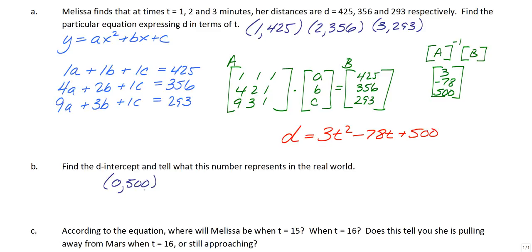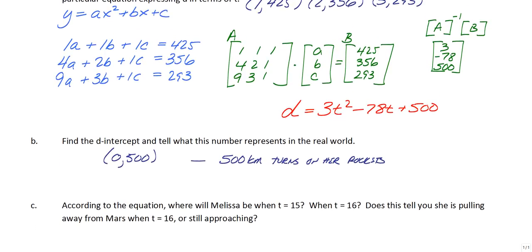So your D intercept is 500, but what does that mean in the real world? It means she is 500 kilometers from Mars when she turns on her rockets, and of course that means her rockets are to get away from heading to Mars.